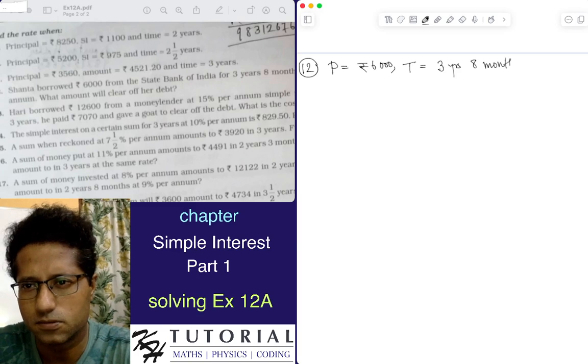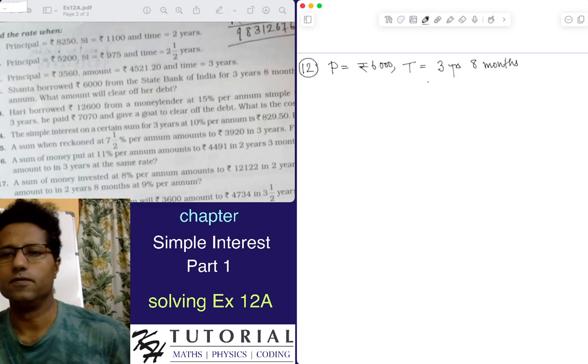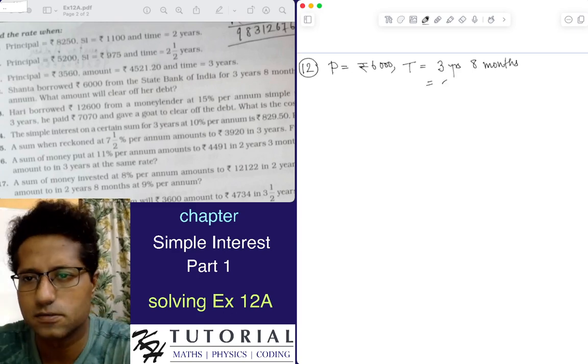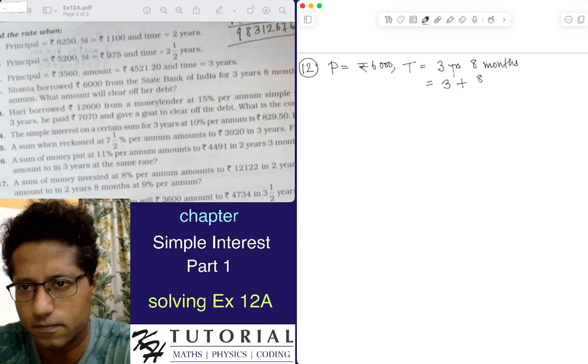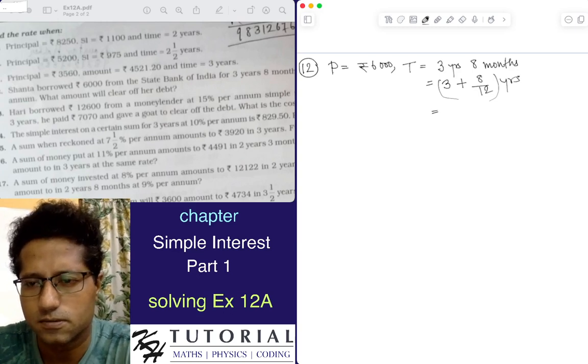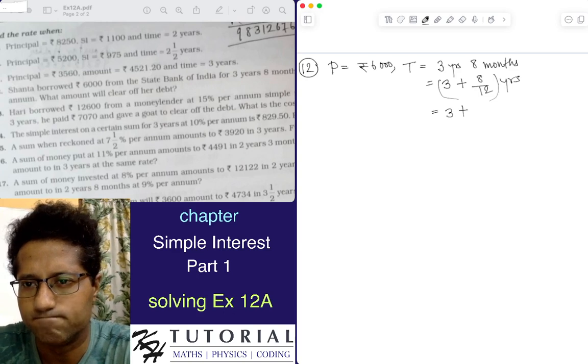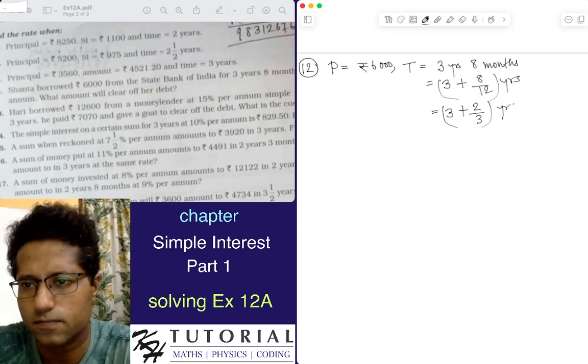Now we have to convert the t, always convert the t in years. Now we know this is 3 years plus 8 months. How many years is that? 8 by 12, this much years. Now this is 3 plus 2 by 3 years.